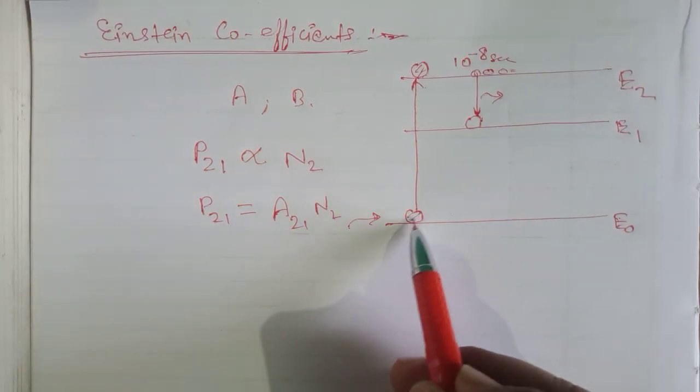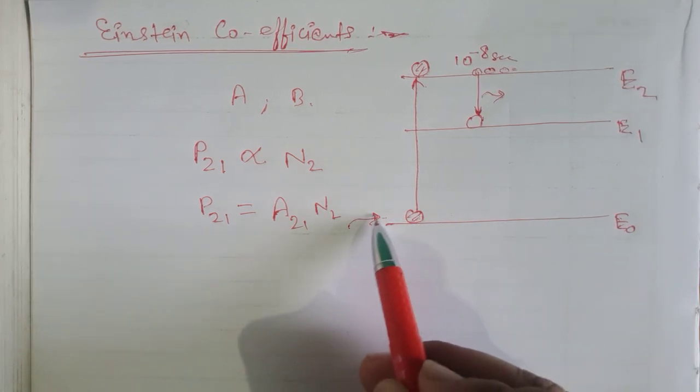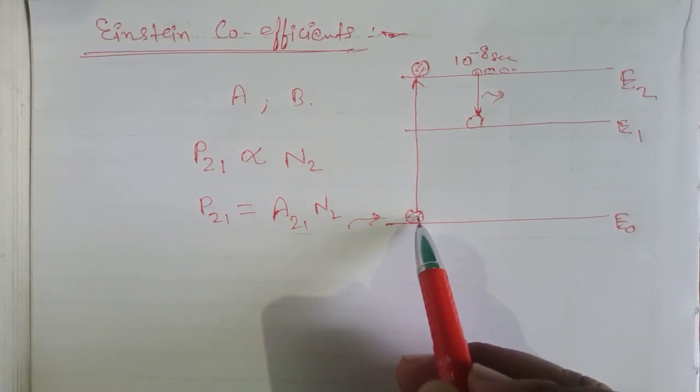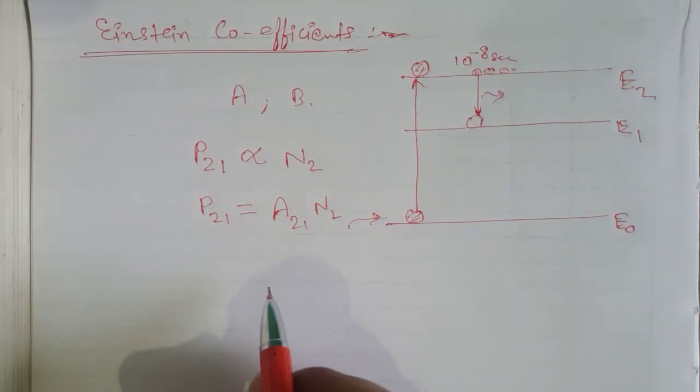So what about the rate of absorption? Suppose the atoms are present in the ground state. When these atoms absorb some energy, then they gain energy and jump from the ground state to the excited state, right?